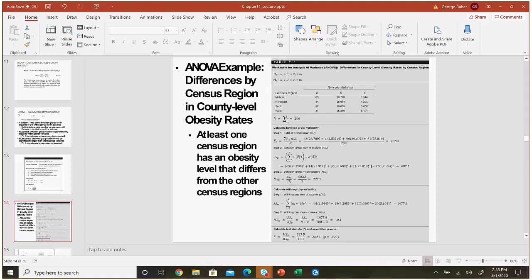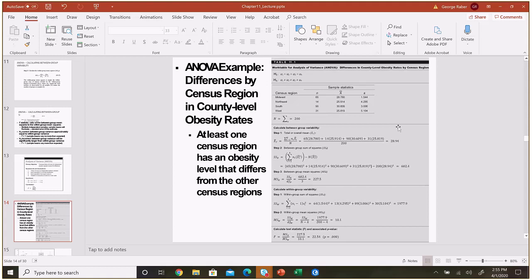And there might be a significant difference between the South and the West. Probably would be, okay? But that's a different question. We're asking the question, are these groups likely from the same population, or are they not? And you're going to get a different answer.